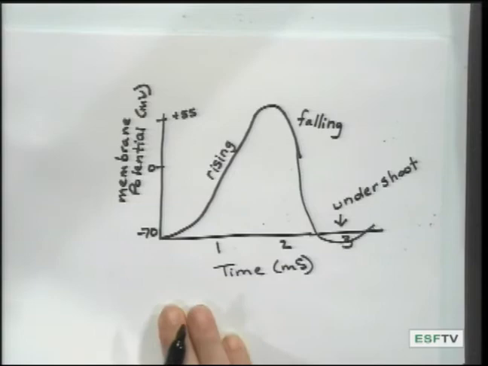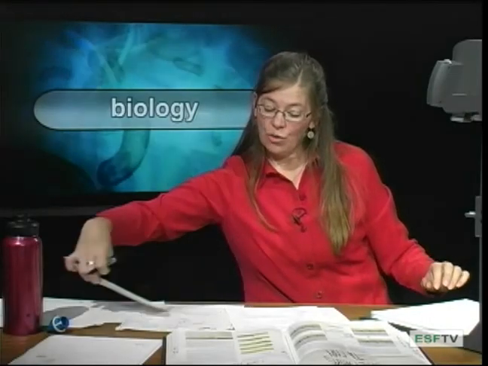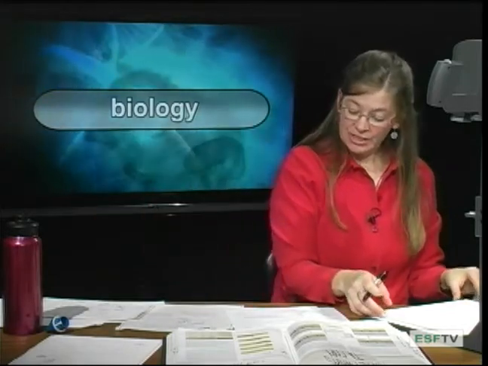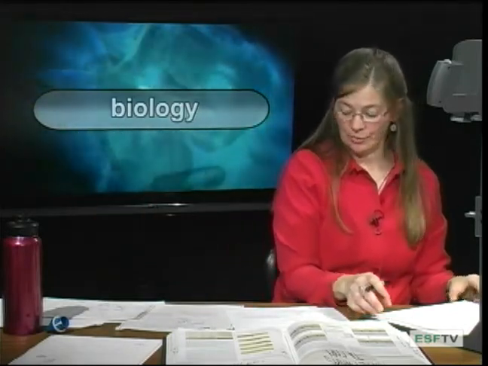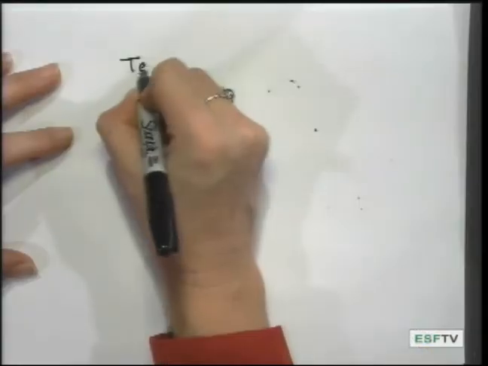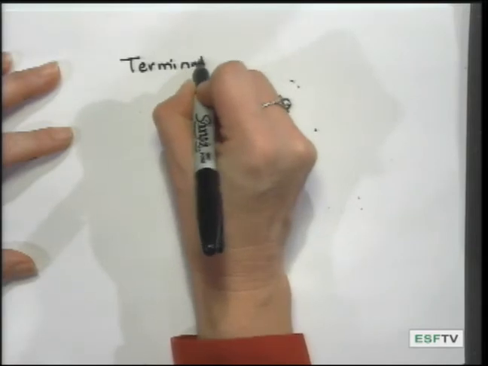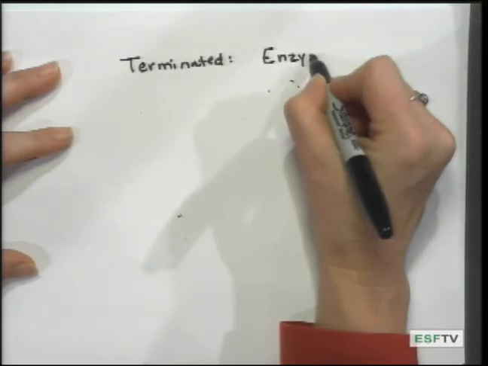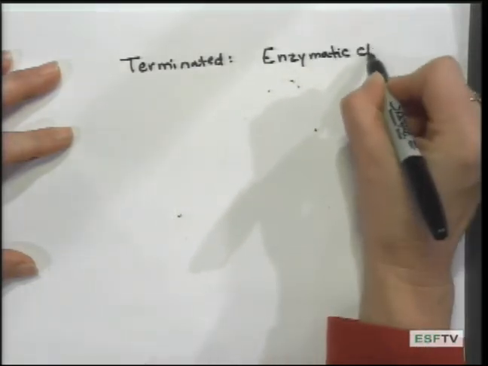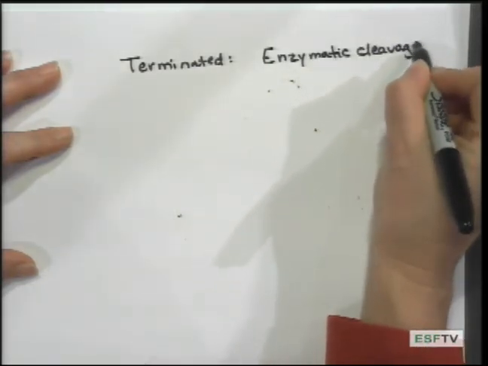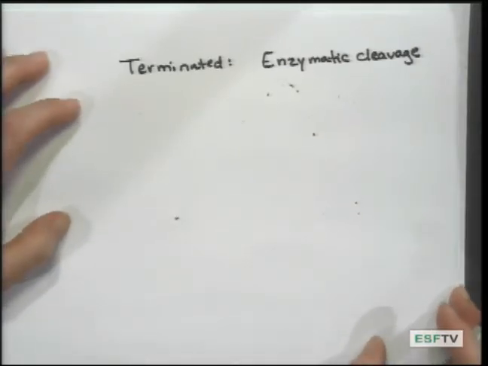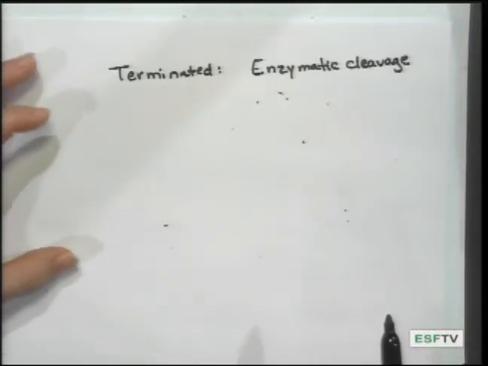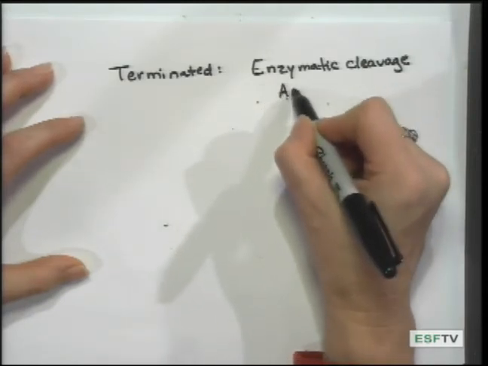And at some point, you want this process to end. There's a couple of different ways that action potentials are terminated. Action potentials can be terminated by enzymatic cleavage. This enzymatic cleavage, one of the very good examples is acetylcholinesterase.